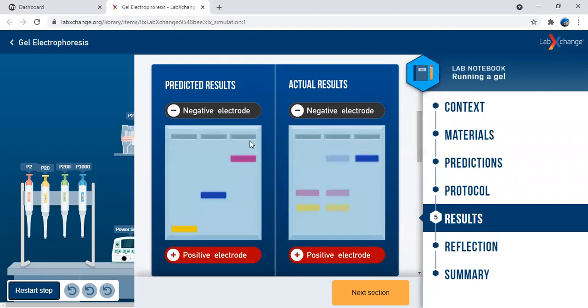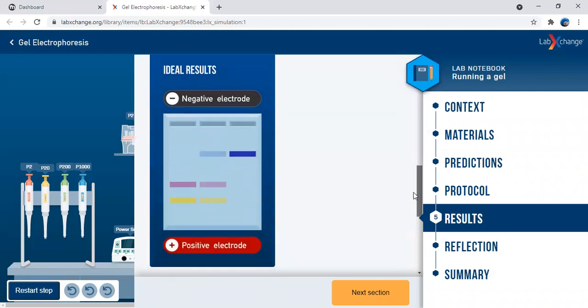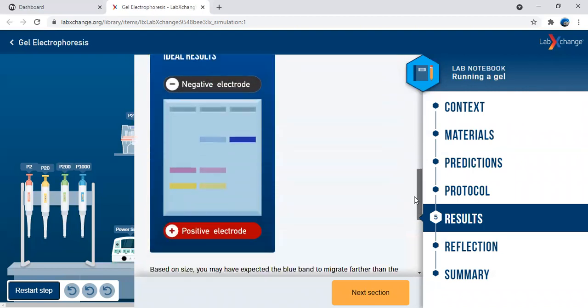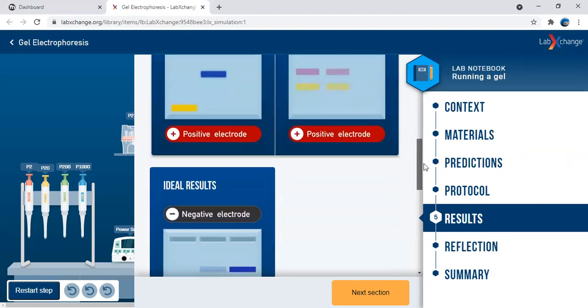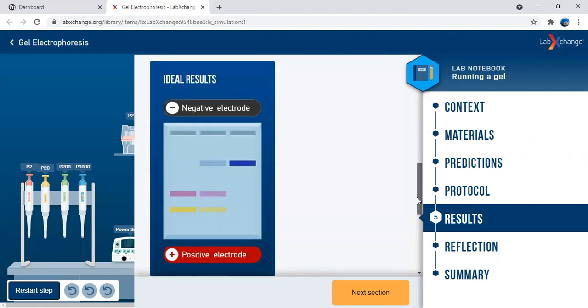So as we can see, these are my predicted results, and these are the actual results. We can see that the yellow band traveled the farthest, the purple band traveled the second farthest, and the blue traveled the least. And these are the ideal results. The ideal results are similar to the actual results.